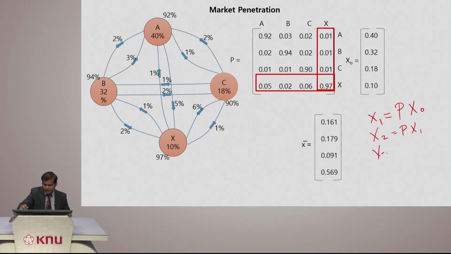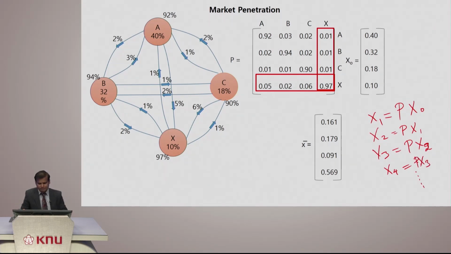And after 3 months, after 4 months, and so on and so forth, you can calculate. But after a certain period of time, it reaches stability. In other words, it reaches the equilibrium, after which it doesn't rise. So we reach a stable state or stable matrix.